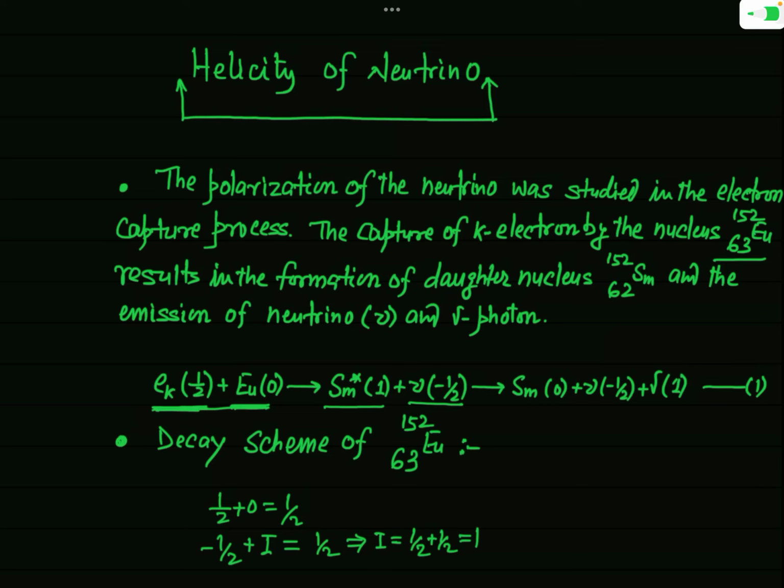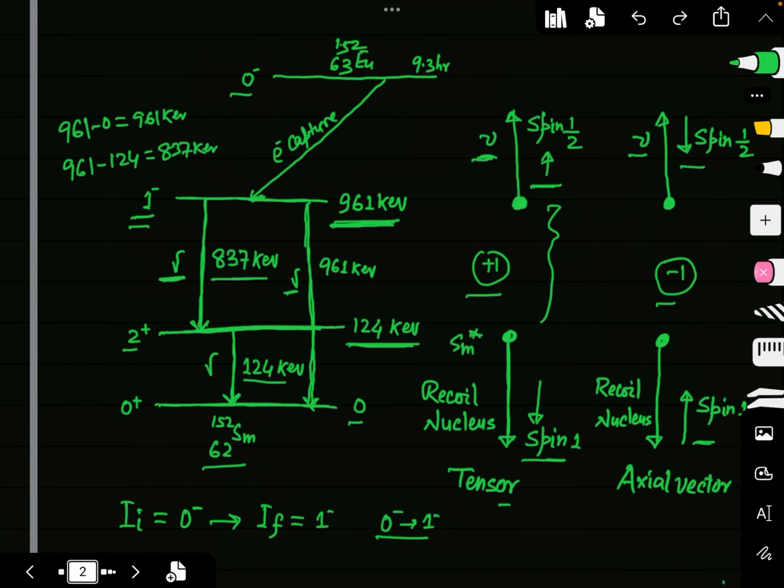So you can see that for the validity of conservation of angular momentum, if the captured electron has angular momentum 1/2 and the ground state Eu nucleus has angular momentum 0, then definitely to keep the angular momentum conserved, this excited Sm nucleus must have angular momentum equal to 1. That thing I have actually mentioned here.